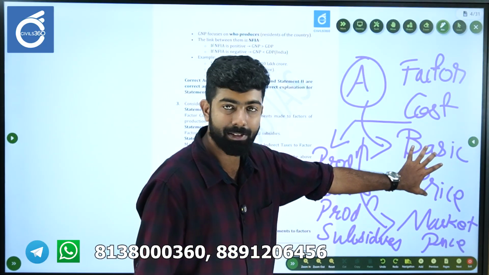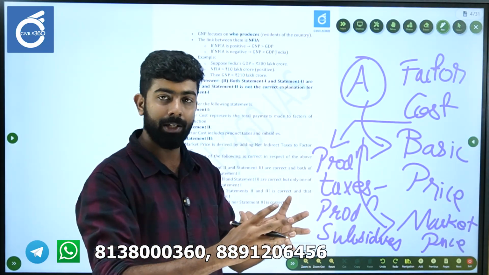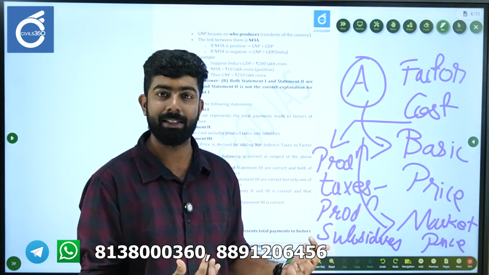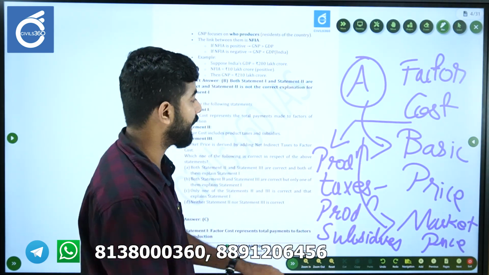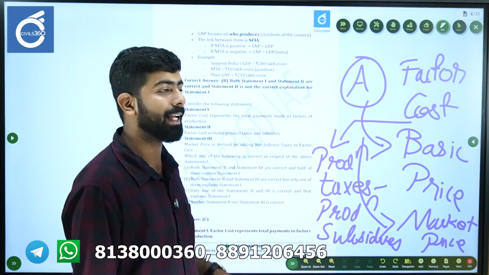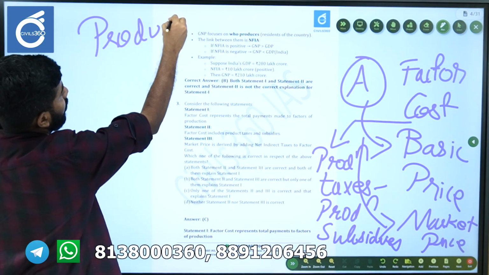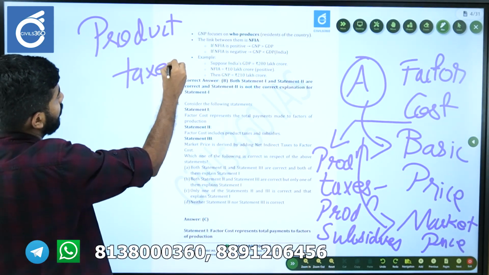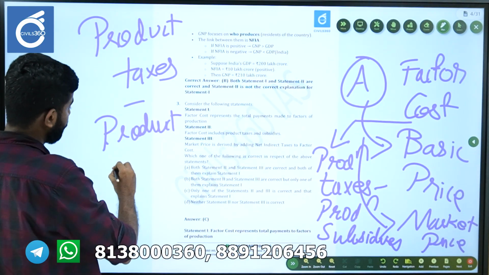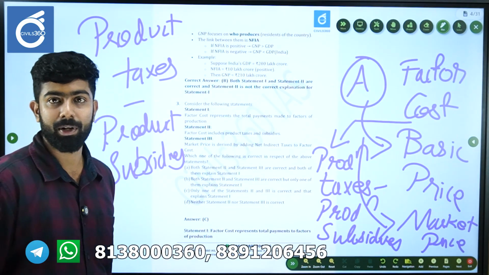When the basic price becomes the market price, which is the final market, that intermediary has to pay some taxes to the government, and if he gets any subsidies, he has to reduce them. So when the basic price becomes the market price, we add the product taxes minus product subsidies.